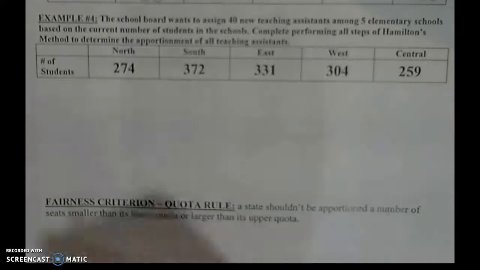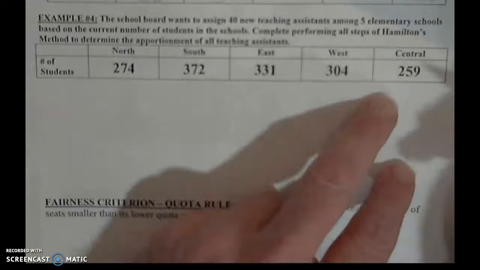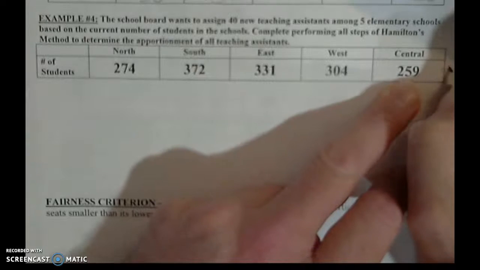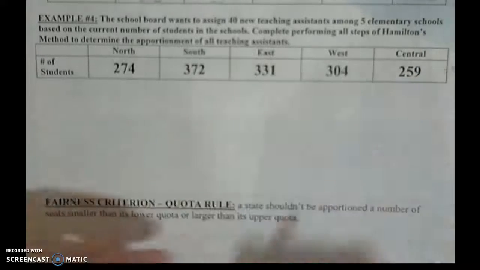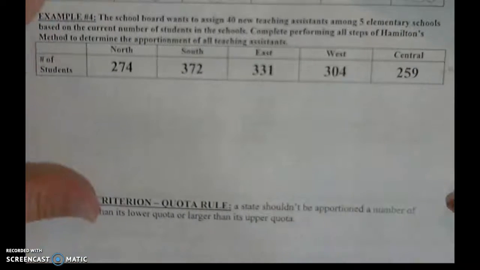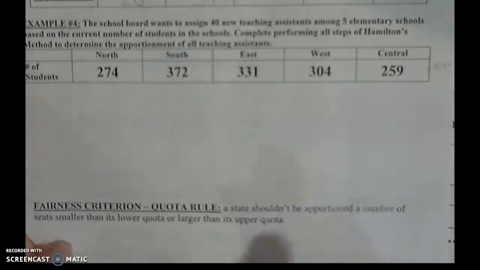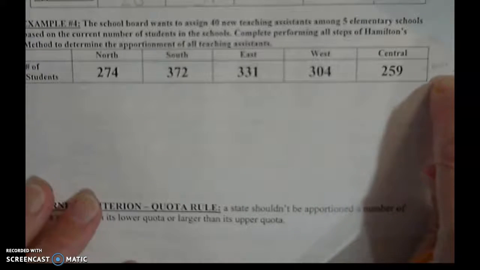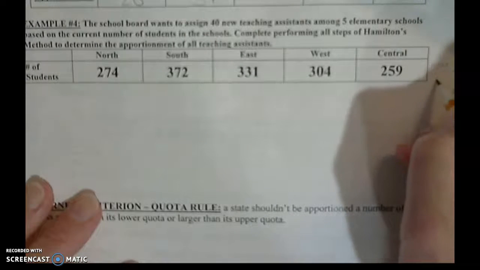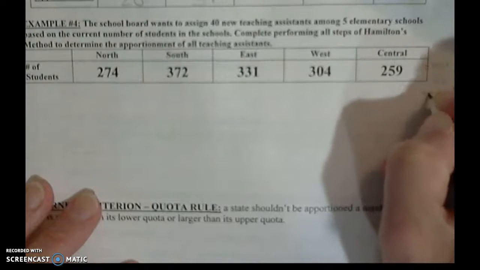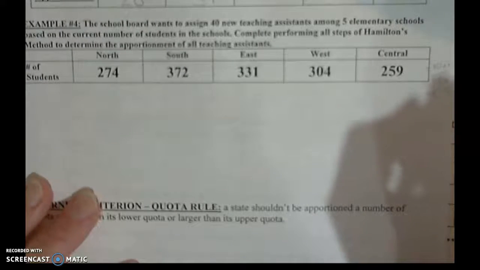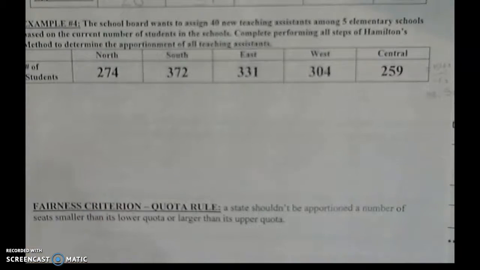So now you're just checking yourself. I added all these together and got 1540. Now it's a little bit off the page there, but added them all together, got 1540. And then I divided it by the 40 positions. And so we got 38.5, which was my standard divisor.